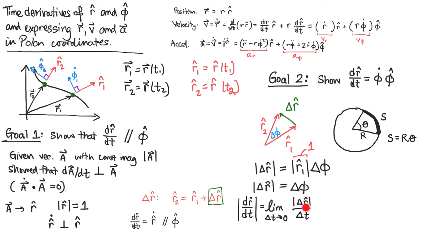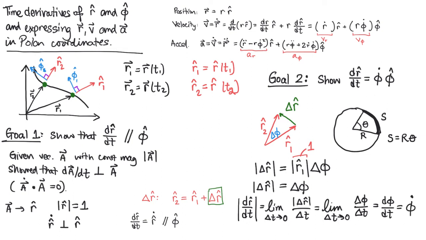But we know something about this length of delta r hat. We just said it was equal to 1 times delta phi. So our limit could be written instead as delta phi by delta t, but that whole limit is, in fact, the derivative of phi with respect to t, which in our dot notation is simply phi dot.